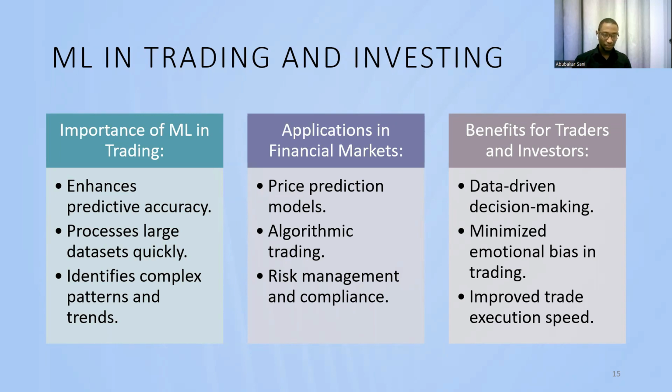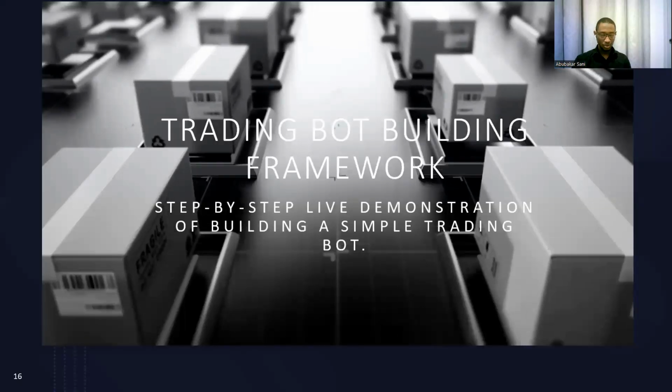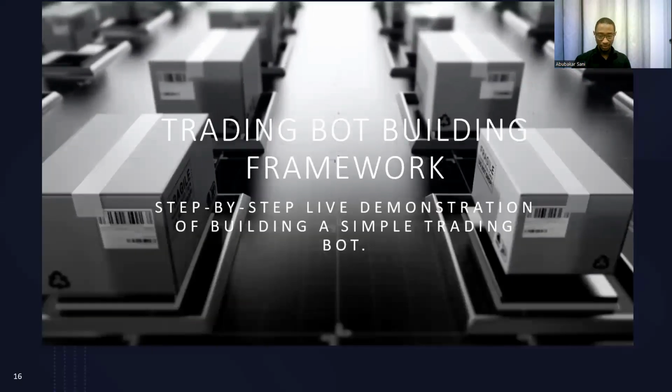This will further verify our analysis, and it will make us make a more informed decision. So that's why we call it a data driven decision making assistant or something like that. So it has been there, it has been used, and you can also use it in this regard.